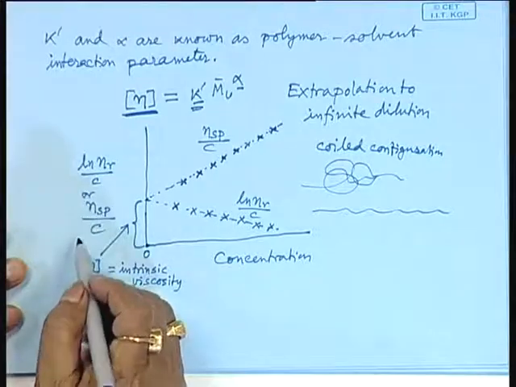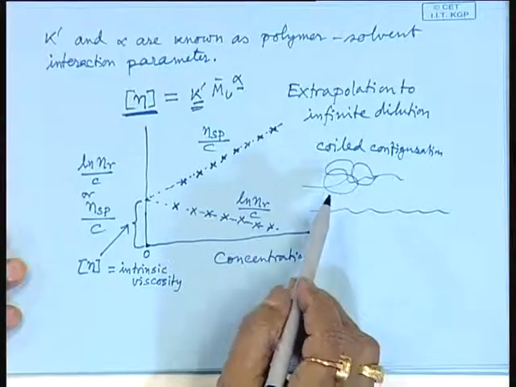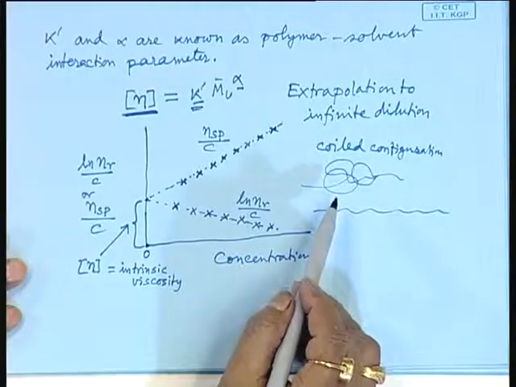In a dilute solution, it is expected, in the ideal case, if we assume that the polymer solvent interaction parameter, the cohesive energy density of the polymer and the solvent, are almost the same, the polymer can assume its extended chain configuration in a solution.